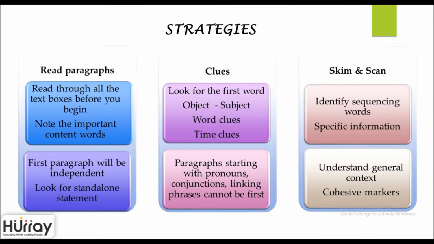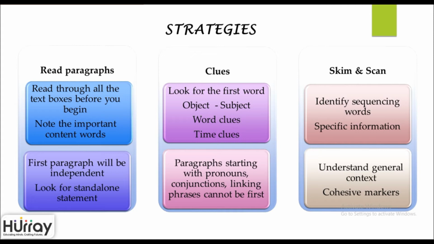For example, one particular paragraph might say in 2010 this particular incident occurred, and the following paragraph might say in the 21st century we do not expect such things to happen. 21st century and 2010 are both referring to the same thing, so that becomes your time clue.